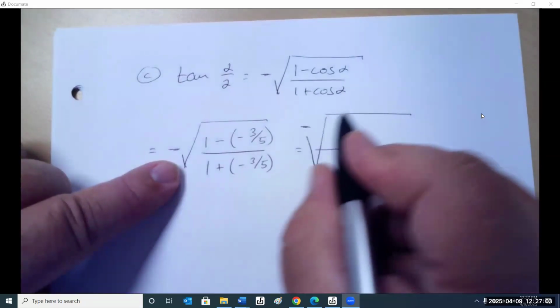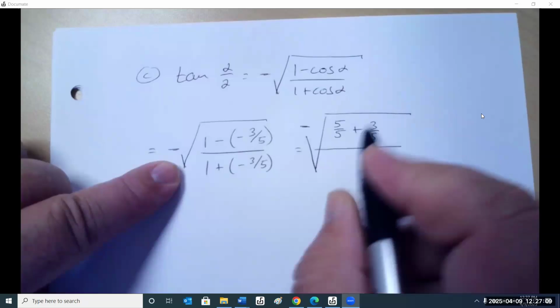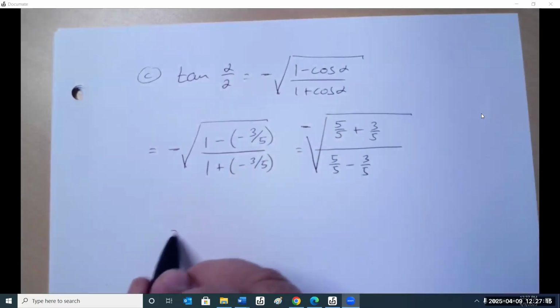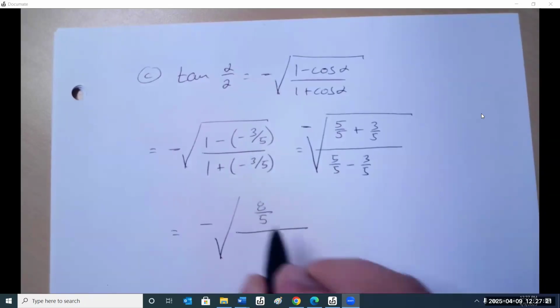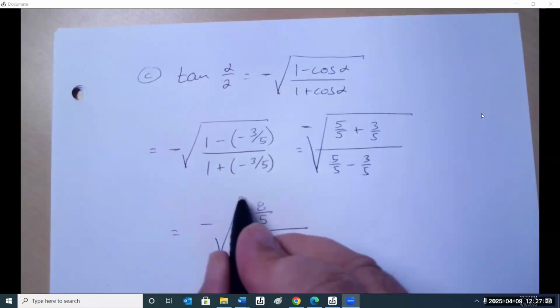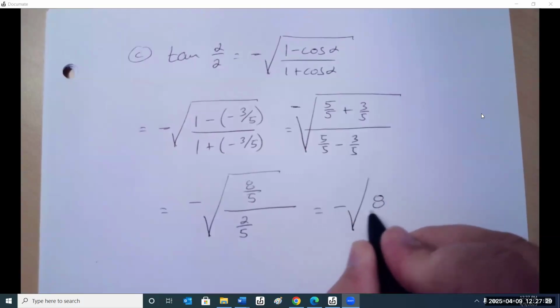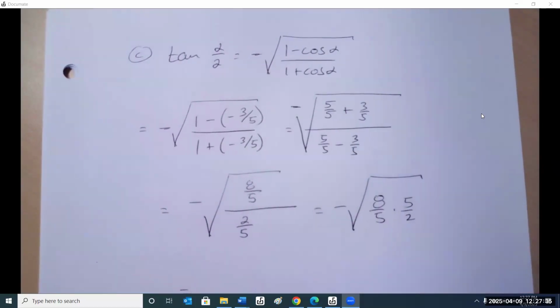This makes it 5 over 5 plus 3 over 5, over 5 over 5 minus 3 over 5. Eight over 5 over 2 over 5. So that cancels there, that cancels there. This is 4 now. So negative square root of 4 makes it negative 2.